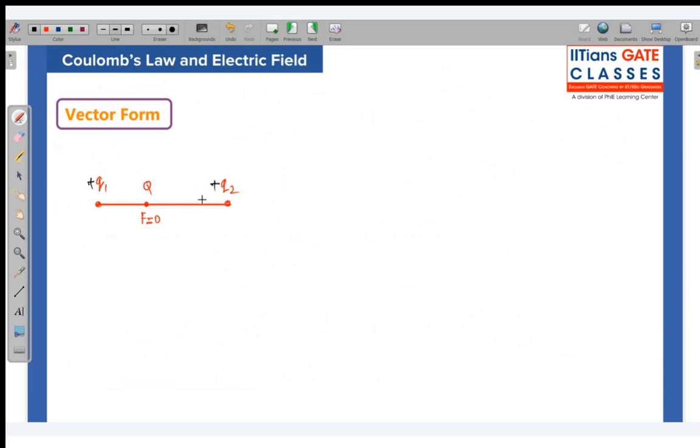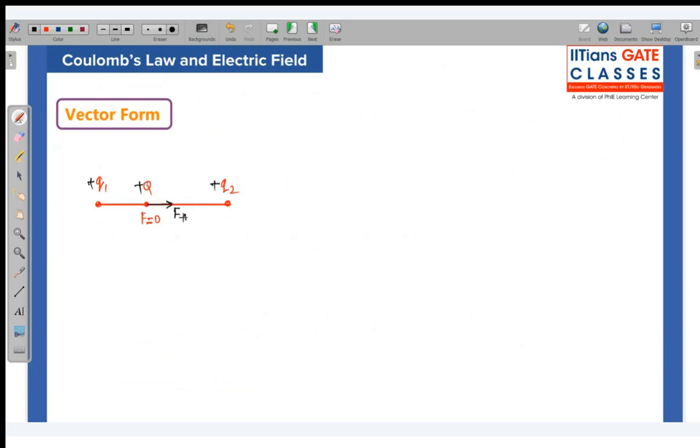So you have gone through this type of question in your JEE and also in your engineering, where we have to locate this particular point charge Q such that the system is in equilibrium, or the force on this particular charge Q is 0. Because this is positive, this is positive, if you keep the charge plus Q, then what will happen? The Q1 will have the force on Q in this direction.